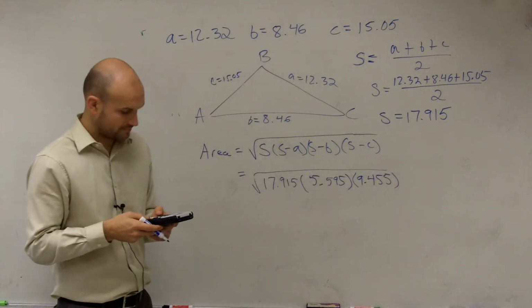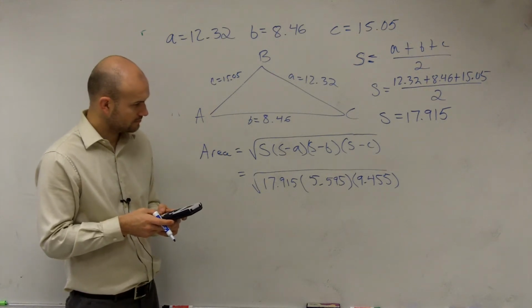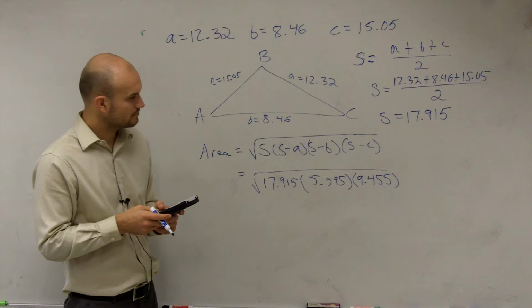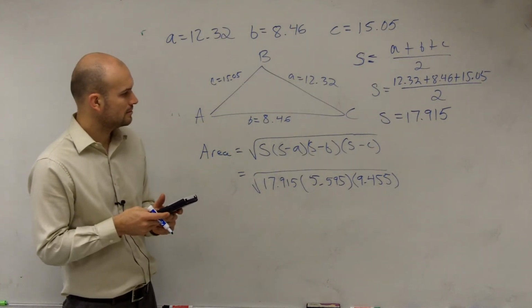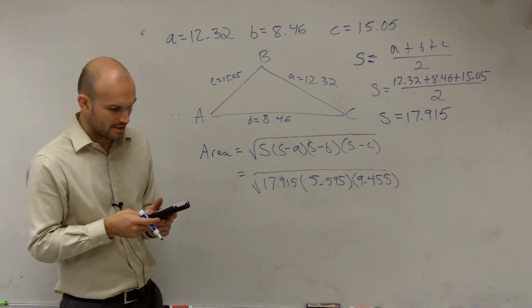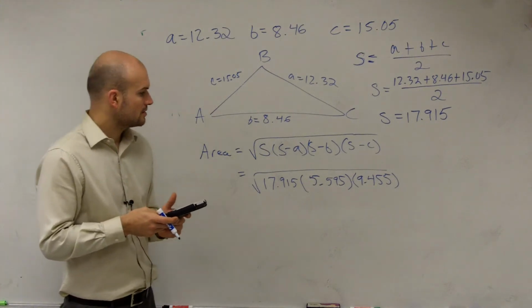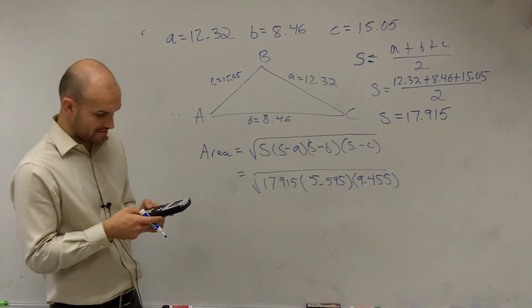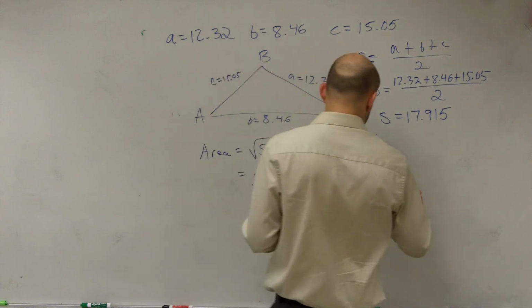And then the last one, 17.915 minus 15.05 is 2.865.